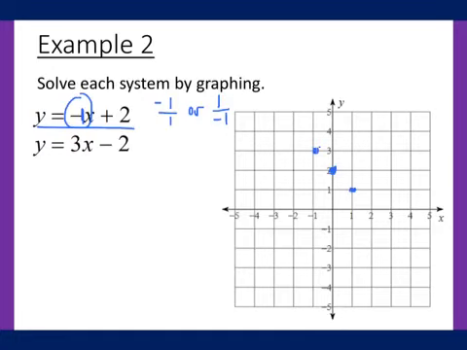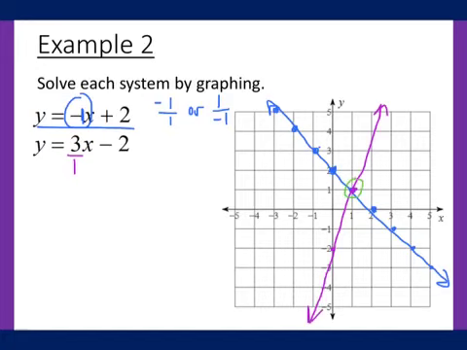The more dots you draw when you're doing this, the better, because in a second, whenever we draw our other line, if we've already got a whole bunch of points, it's really going to help us figure out where they intersect. Okay, so then on the second one we have a -2 for a y-intercept. Since this is not a fraction, we want to make it a fraction, because that's up 3, right 1, which, oh, there it is, right there. There's our intersection. Okay, and so that point where they intersect is 1, 1.